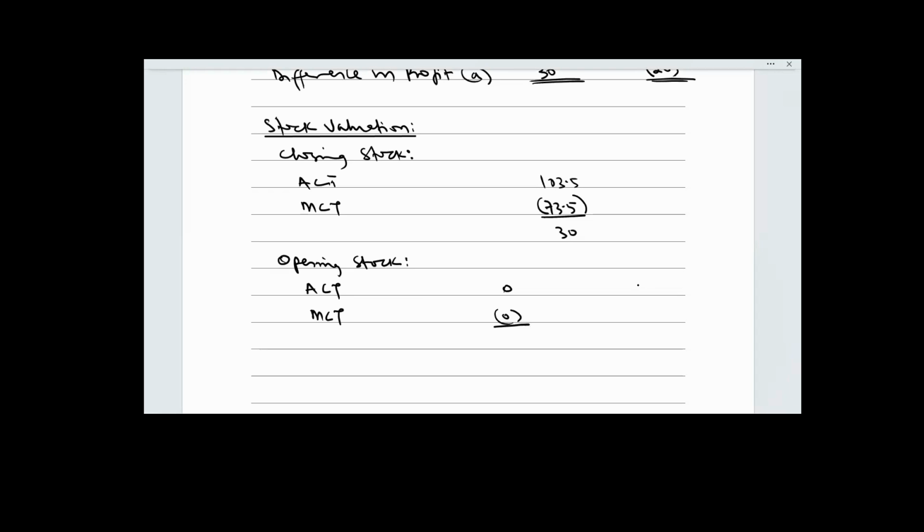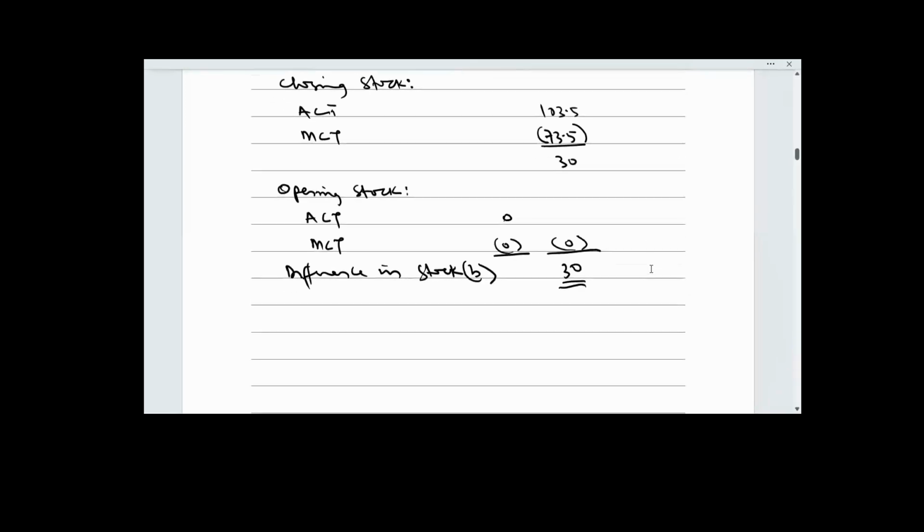Zero. Zero minus zero is zero. So 0 minus 30 will give us 30. So this is 30, the difference in stock, B. Remember what I told you: at all times, when you are doing your reconciliation statement, A must be equal to B.